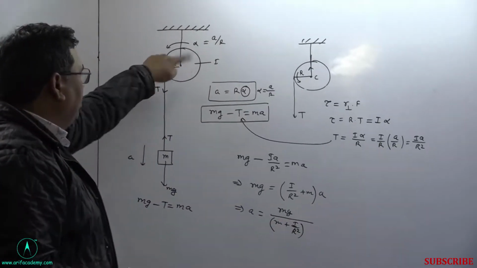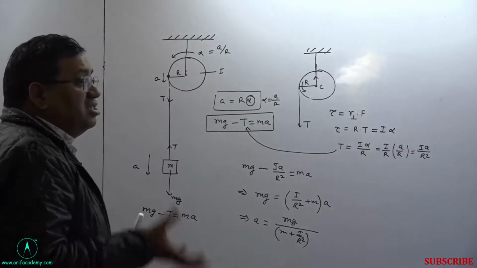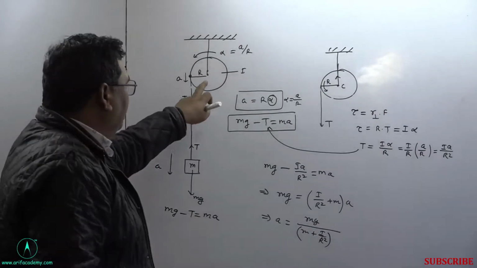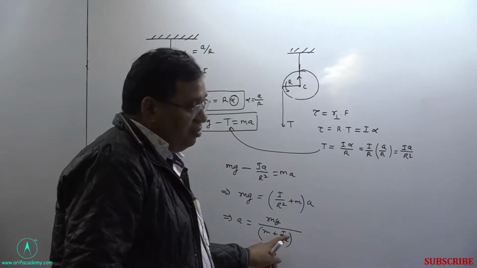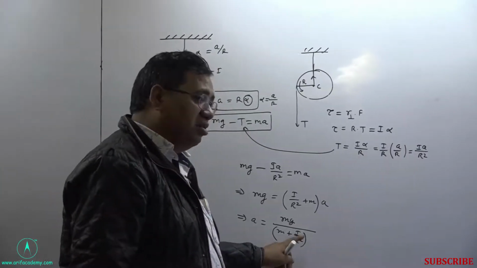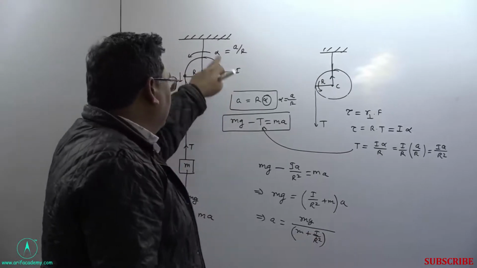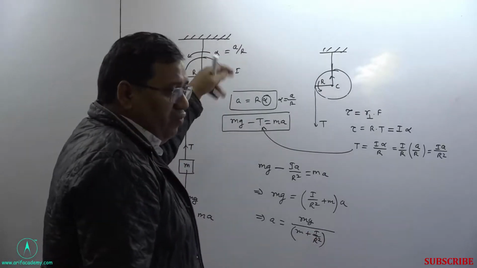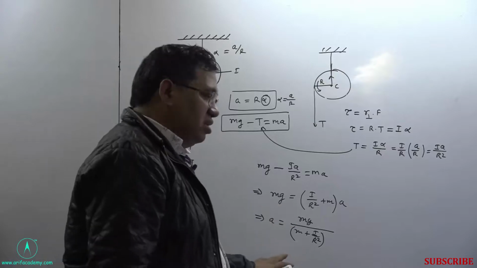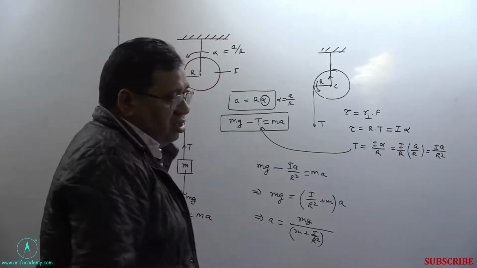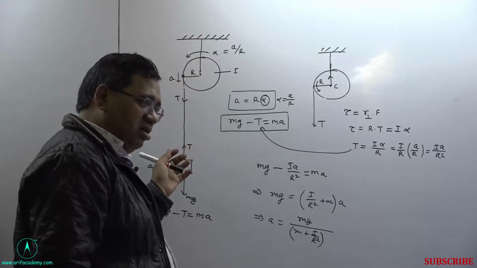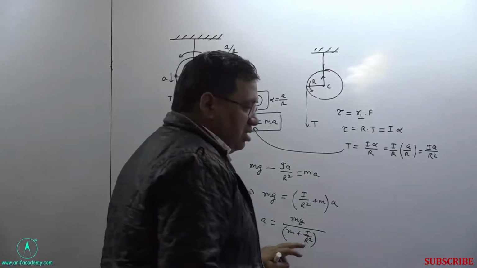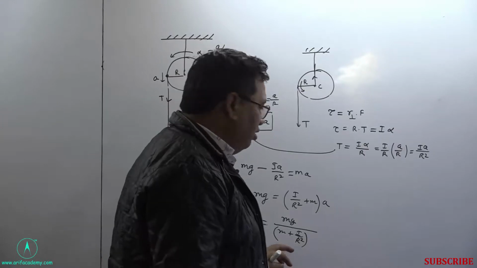Now if the pulley is simply a disc, we can put I equal to half m r square, and r square will cancel out. And if this is like a wheel, I is m r square. This pulley could also be a sphere, or a cylinder, so accordingly its moment of inertia formula will change, and you have to put it here.